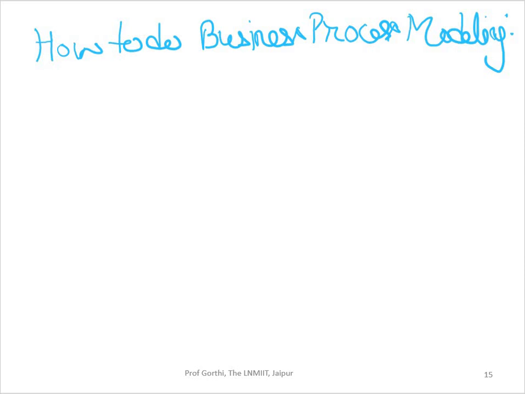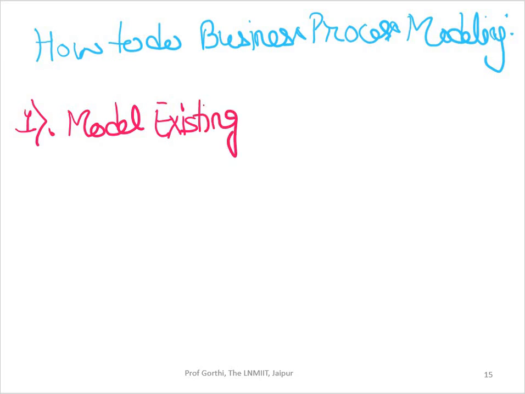So what we have is 3 steps. One is model existing process. That means whatever is there, let's model it. That means let's use one of the business process modeling techniques to put the process you are working with down on paper or with the help of some software.